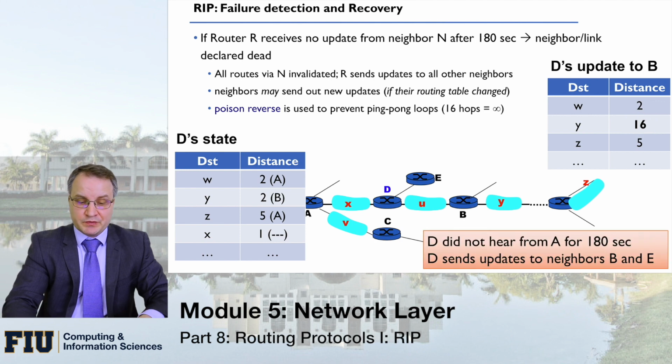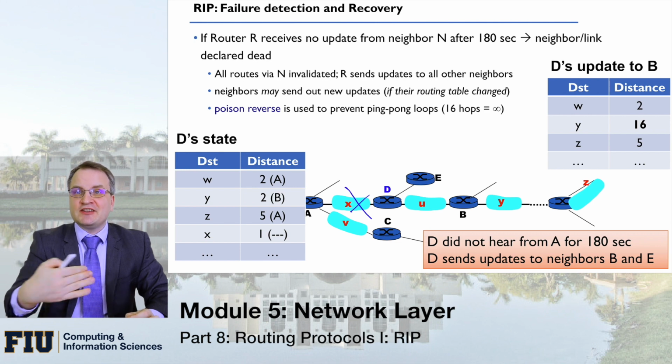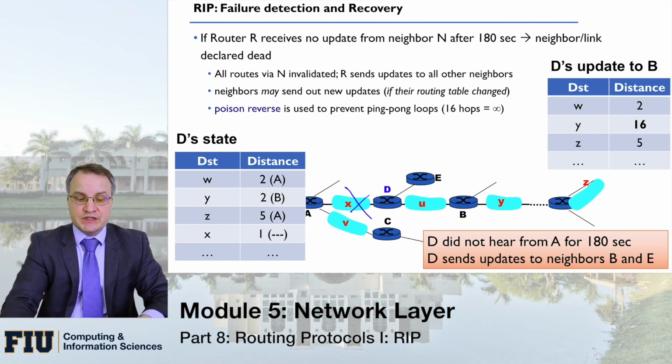If, for example, we break the link between A and D, what will happen at the next update that D will be sending to B? It will simply inject this poison reverse in B's direction. For all routes that D knew how to reach through A, it will simply say, now I can reach them only through 16, and Z I will reach only through 16.